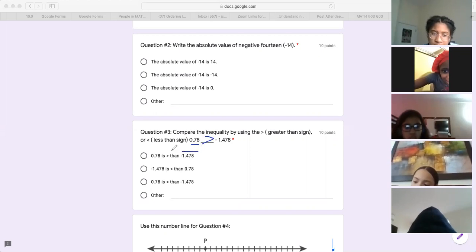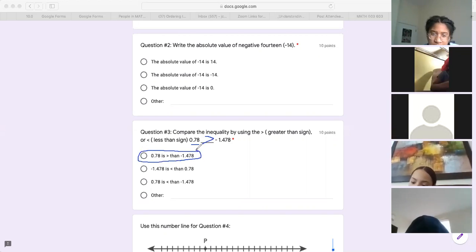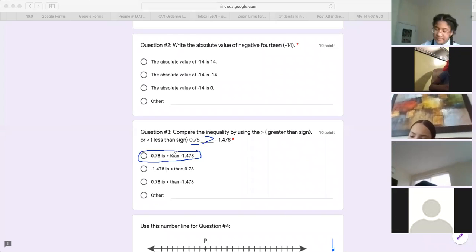Right, so we're going to pick the first one that it's greater than. 0.78 is greater than negative 1.478 because when we're in the negative, we owe money. It's a debt. Selena? It's a debt. We have to pay the money back, right? Are we good so far?